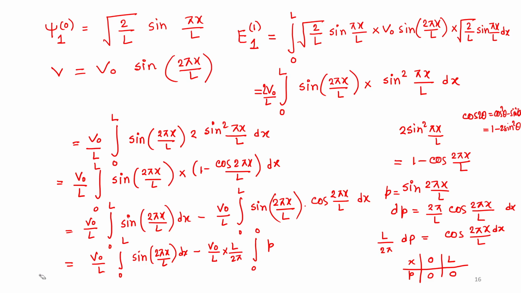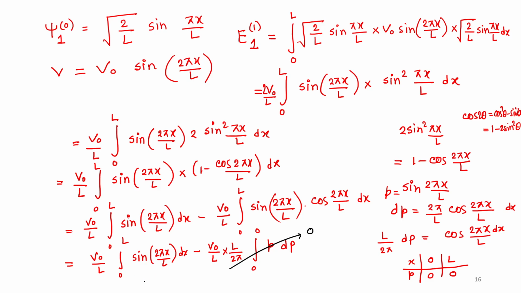So L by 2 pi P dP, right? Cos 2 pi x dx is going to give me L by 2 pi dP. Anyway, the upper boundary and lower boundary are the same, so I don't have to think about the integration. Anyway, the integration was easy, but this is going to lead to 0, right?